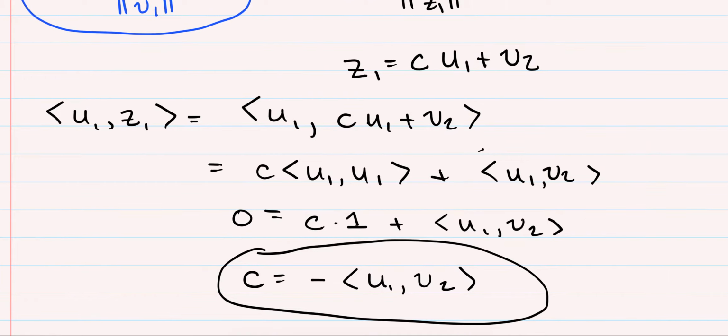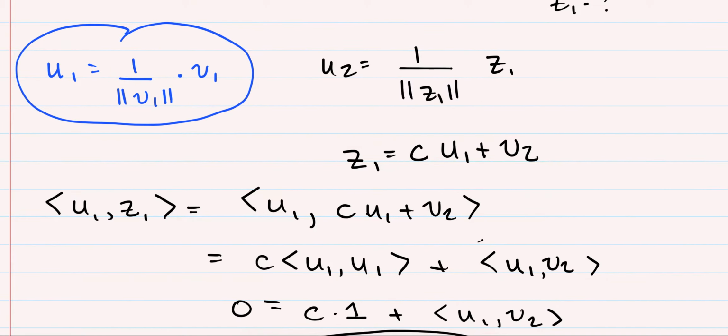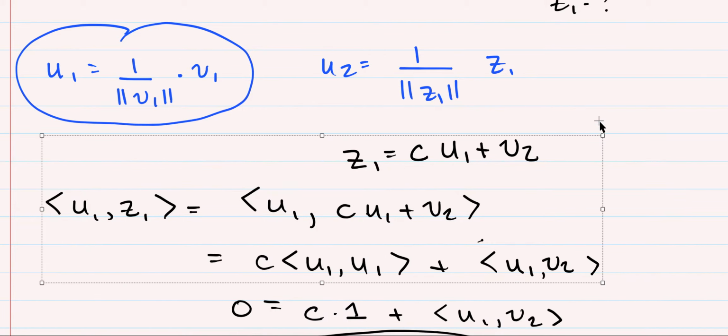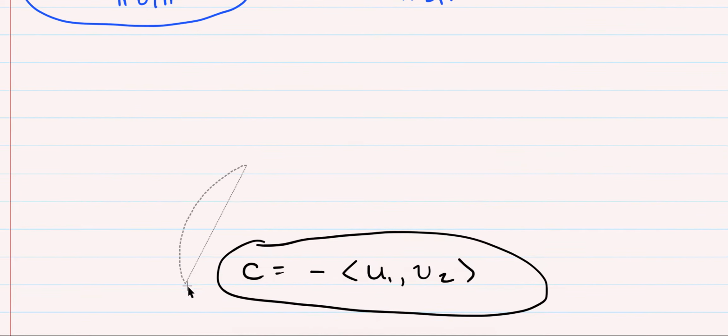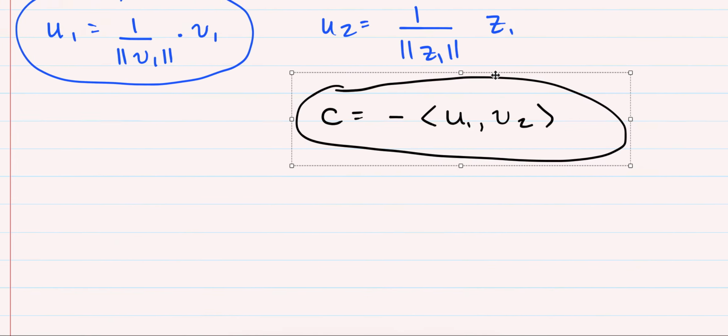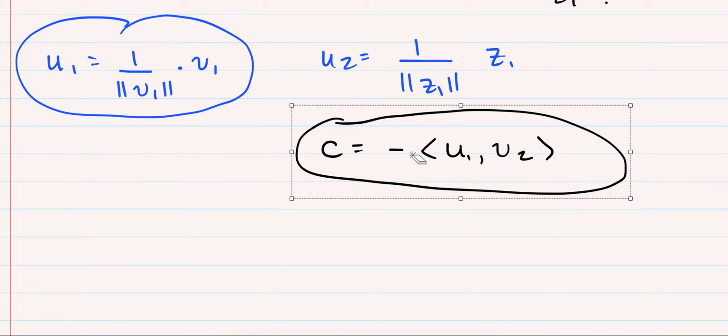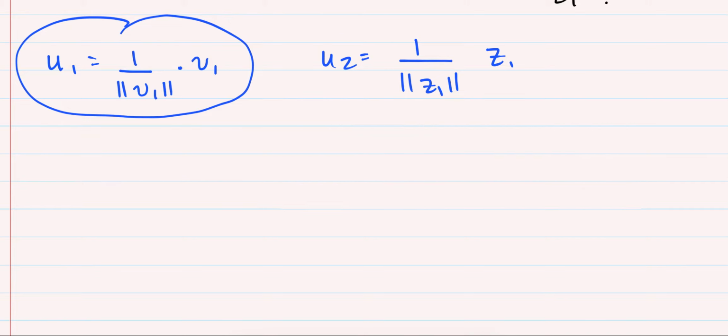Great. So now we can actually define U2. U2 is 1 over the length of Z1 times Z1, where Z1 is equal to the negative of the inner product of U1 with V2, times U1, plus V2.